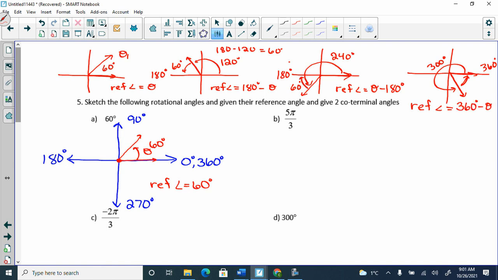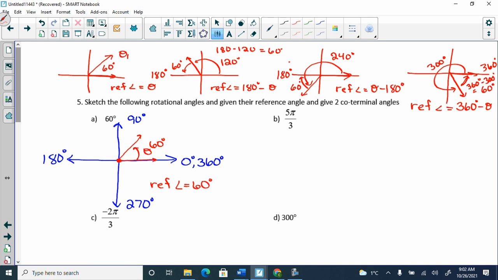So in this case, it'd be 360 minus 300 equals 60. The way you find the reference angle doesn't change in each quadrant, right? Quadrant 1, it is the angle. Quadrant 2, it's 180 minus theta. Quadrant 3, it's theta minus 180. And then quadrant 4, it's always 360 minus theta. Because you always want the little angle between the terminal arm and the x-axis, right?